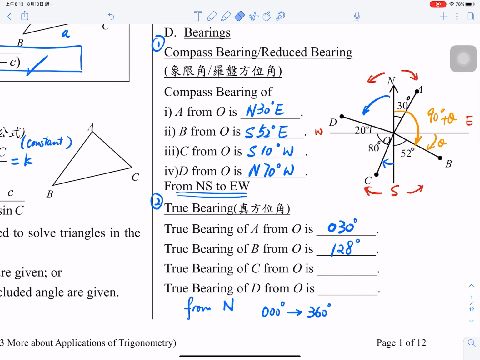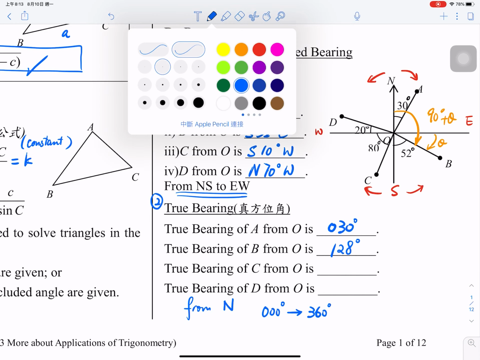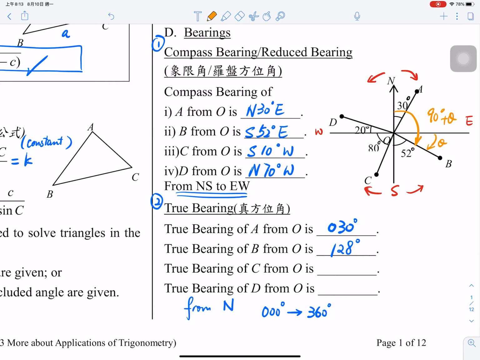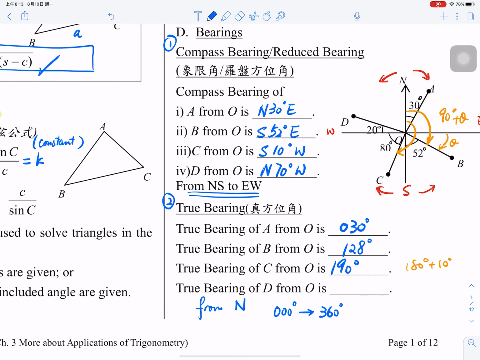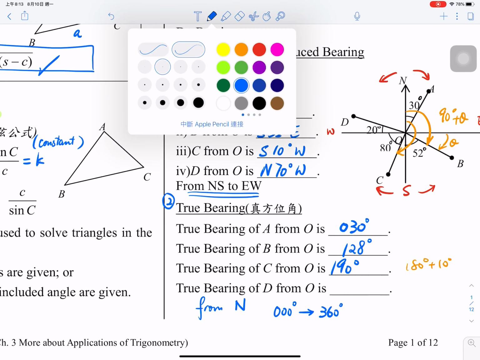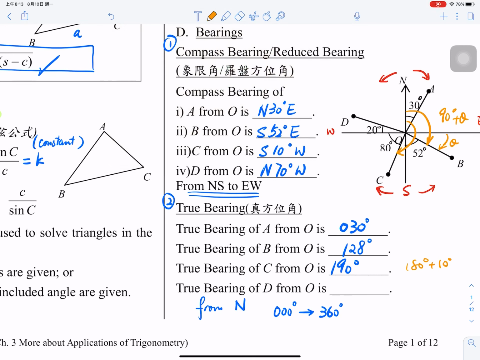How about the next one? Yeah, C, that means I read it from here, okay? Then you can think of it as 180 plus 10 degrees, right? So the final answer is 190 degrees. How about the last one? The last one should be 270 plus 20, right?